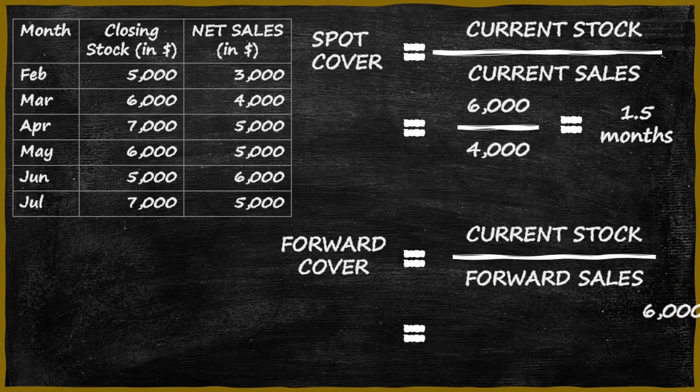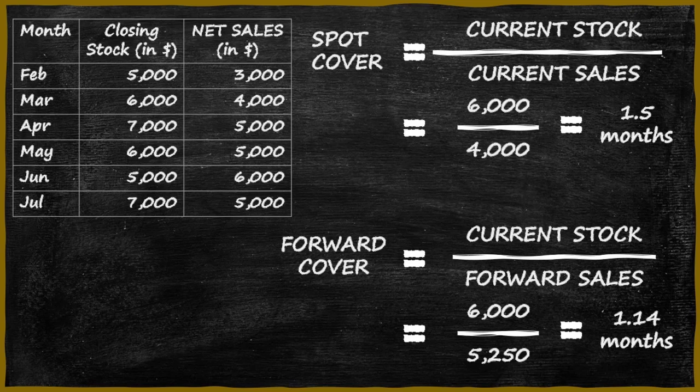When we do the same calculation for the forward cover, we get 1.14 months of stock cover, or less than 5 weeks. How did we get that? Again, we look at the stock, which is still 6,000. It's the same stock value we took for spot cover, but the denominator, the forward sales, now looks different.